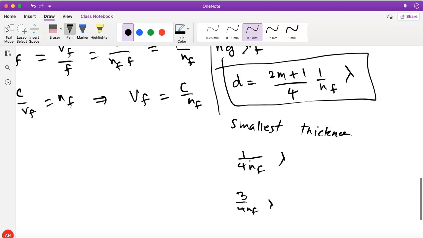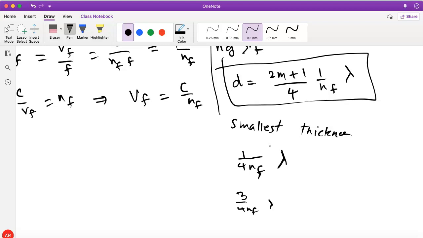So if we engineer our thickness to be this number times the wavelength of the light, you can cancel out and kill the reflected light.